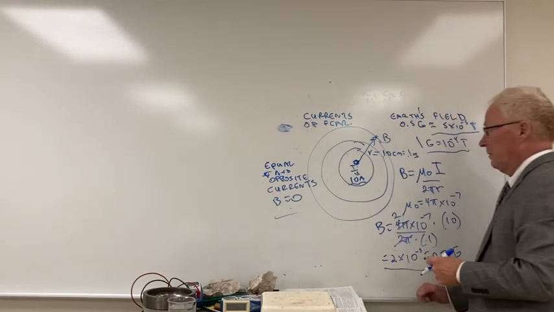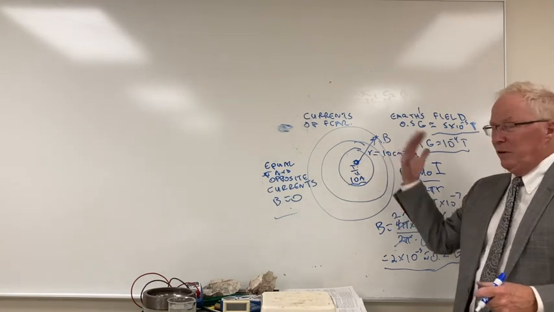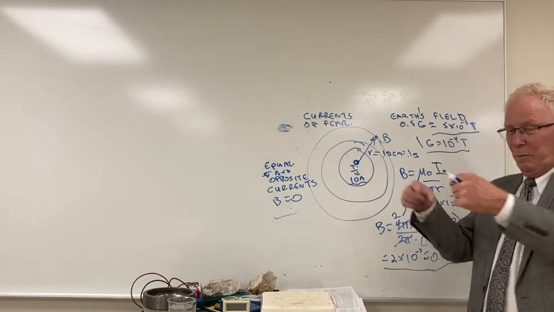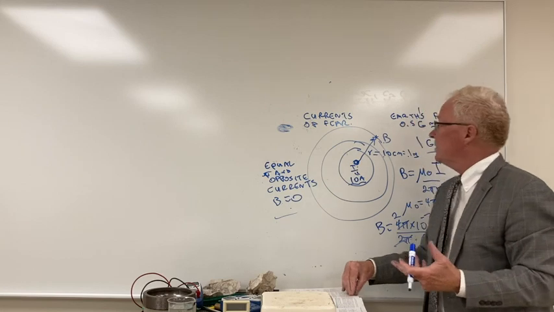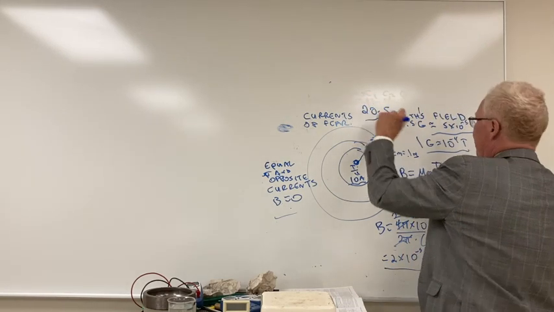They'll cancel each other out. Sometimes you do this by having wiring going both directions if you really want to eliminate a magnetic field. So that's section 20.5.